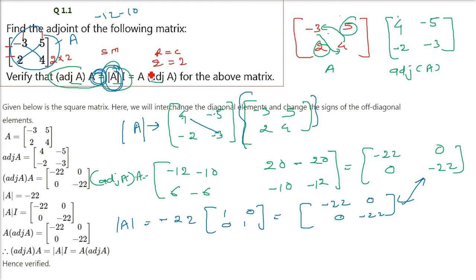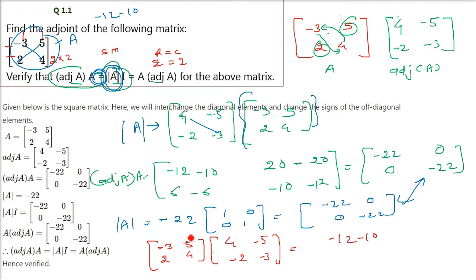And the second one is just interchanging adjoint A and A. First write A, -3, 5, 2 and 4, and multiply it with adjoint A, which was 4, -5, -2, -3. When you multiply, -3 into 4 is -12, and 5 into -2 is -10.